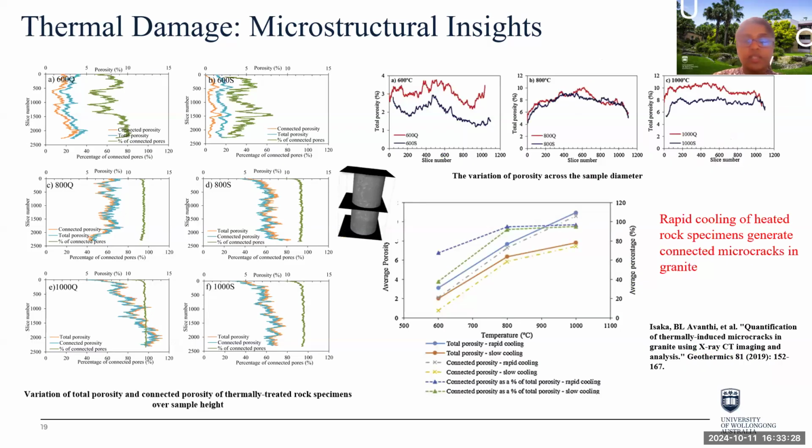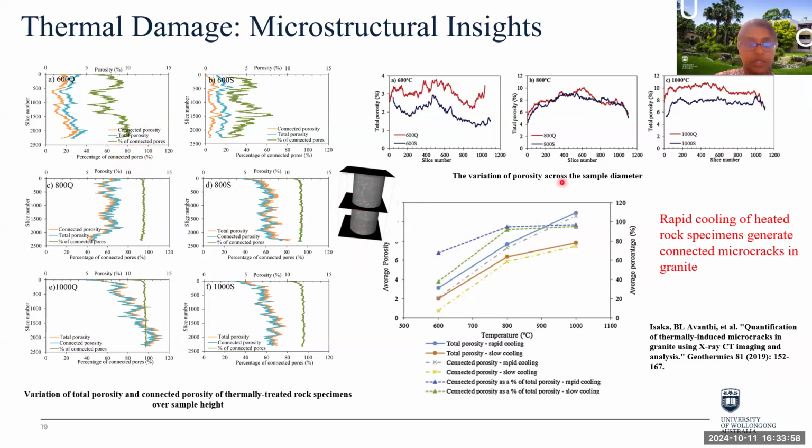Crack quantification involves determining total and connected porosity. Total porosity was obtained through segmentation of 2D images into cracks and minerals, and removing isolated pores to calculate connected porosity. These are the plots that show distribution of total porosity and connected porosity over the height of the specimen.